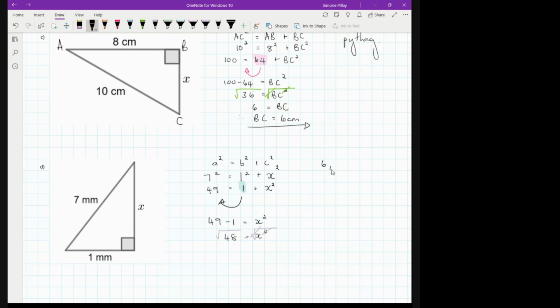Remember, we want 2 decimals. Let's look at our third decimal. Does my third decimal tell me to increase or leave the 2 as it is? It tells me to increase.